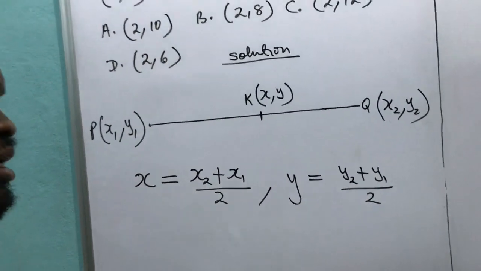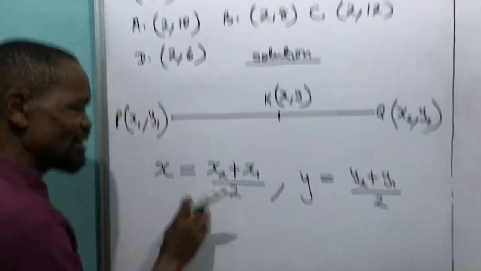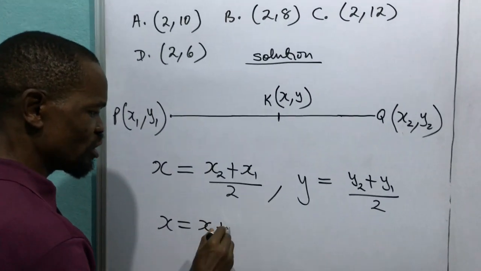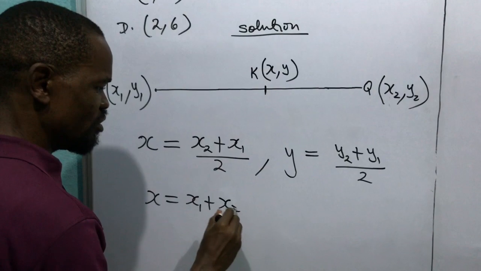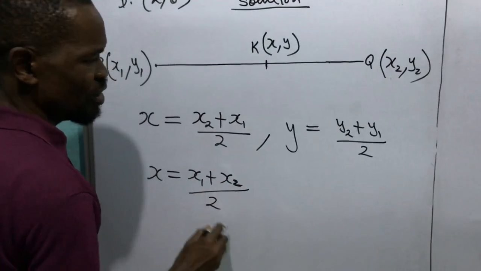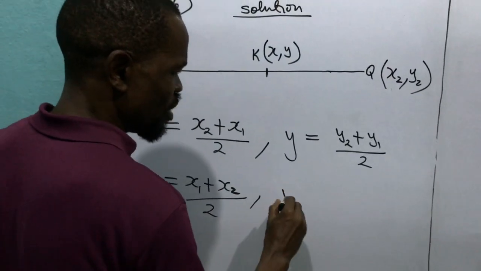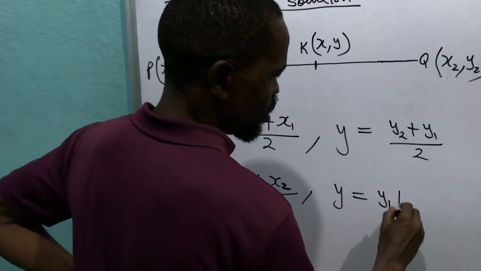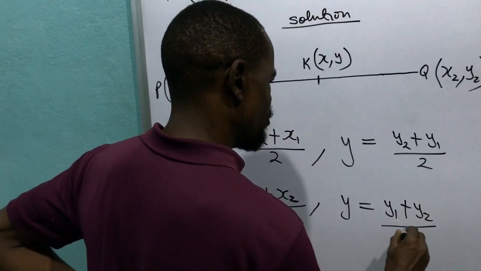Do you get what I'm saying now? You can as well write this way: x equals x1 plus x2 divided by 2. You can also write y equals y1 plus y2 all over 2.